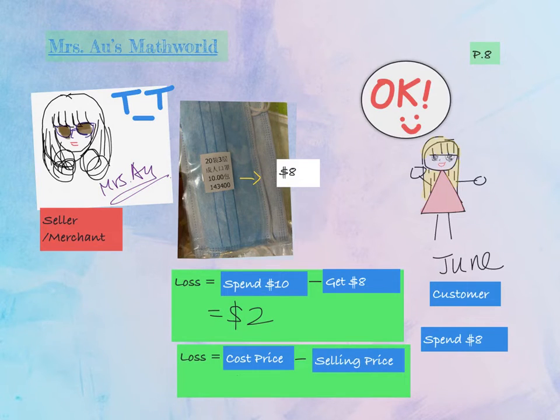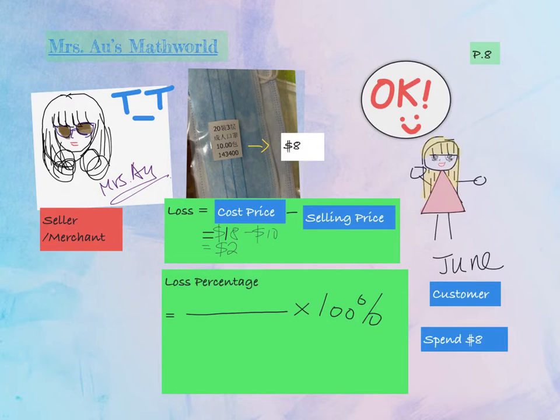In math term, loss means cost price minus selling price. And the loss percentage is equal to 2 over which one? Should be the cost price. That means 2 over 10 times 100%, which is 20%. So these are the points of view of Mrs. L.